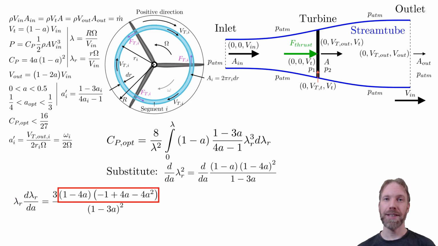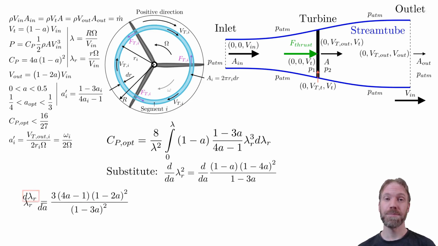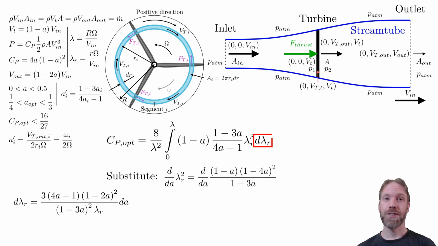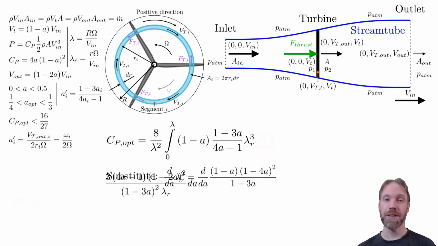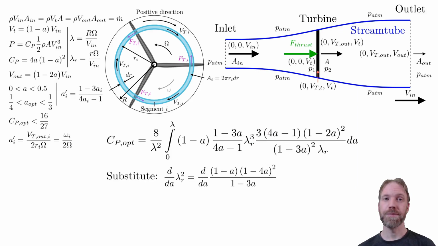Multiply both parentheses by -1. We can now see that this expression is a square. Solve for d lambda r. Replace d lambda r with our expression. These will cancel.